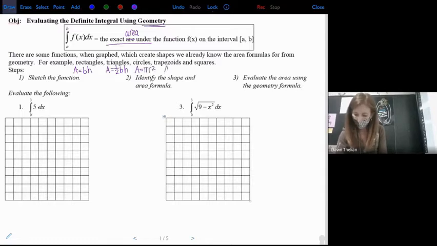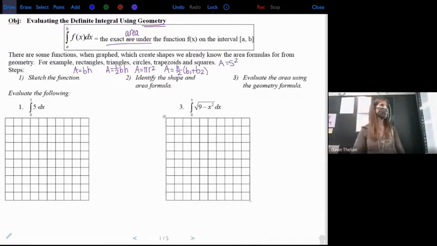Trapezoids are probably the one that most people tend to forget. These are the height over 2, base 1 plus base 2. And squares, it is just base times height, but you could also say side squared for a square. So these are all area formulas from geometry that we know.